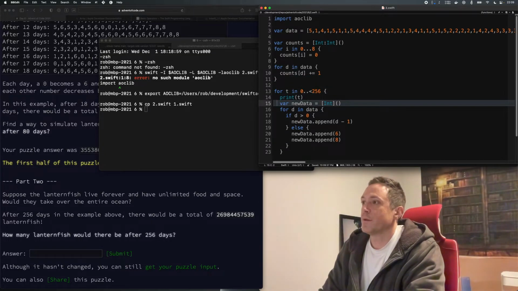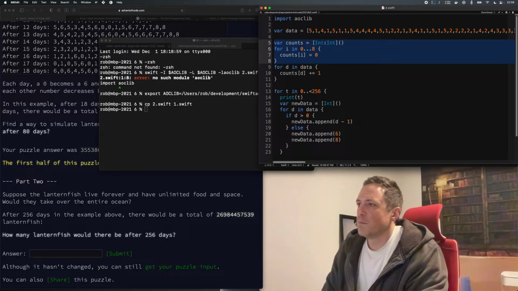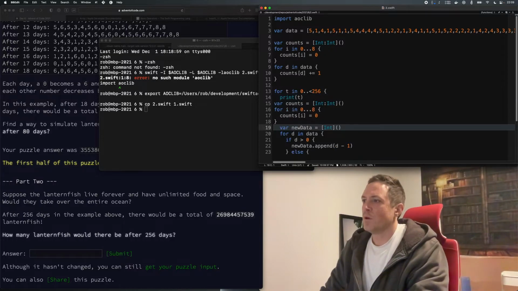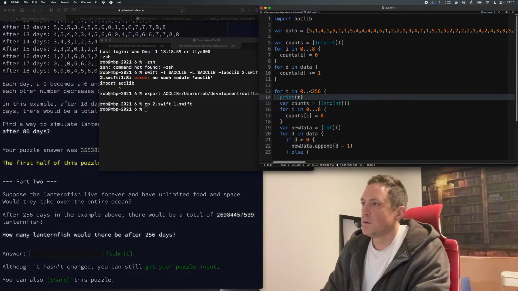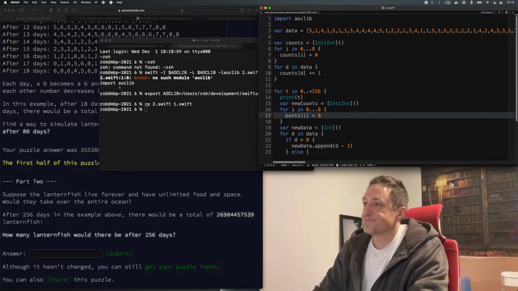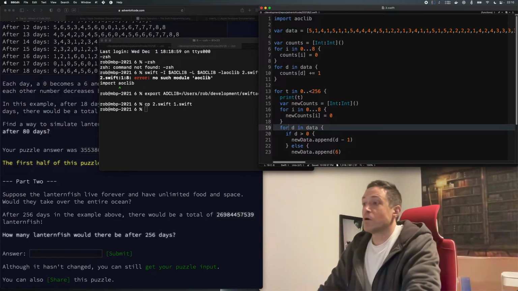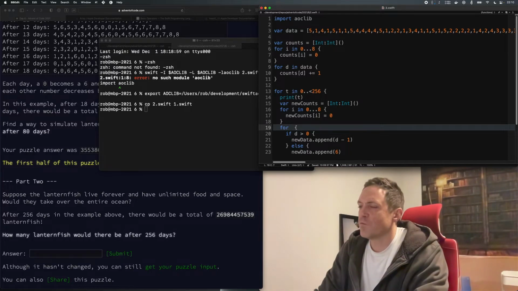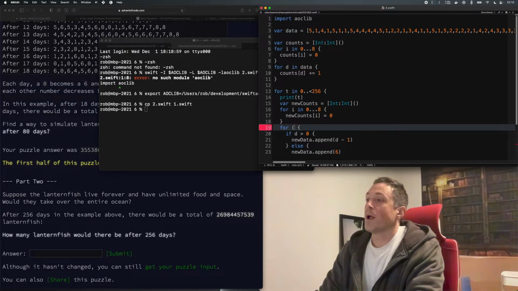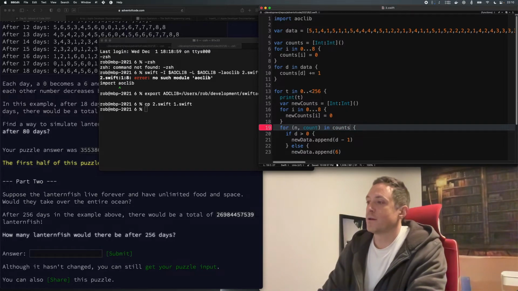Okay. And how do you iterate over n, count in counts?